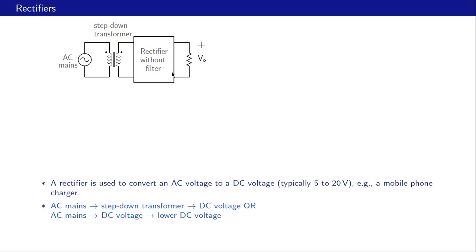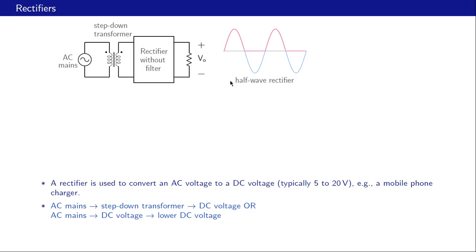And finally, we have the load, and here we have shown the load as a simple resistor. In real life, it could be something else. And this voltage, the output voltage, is taken across the load. And our intention is to have VO as a DC voltage. Okay, let us now look at the waveforms.